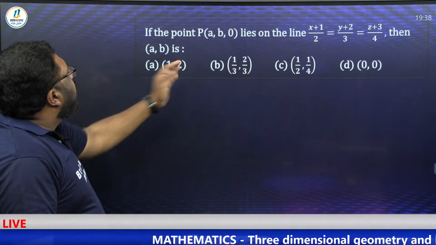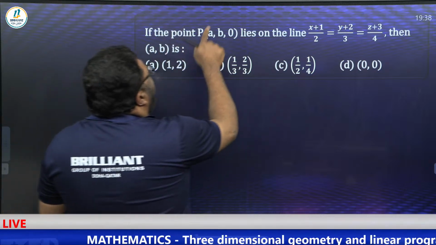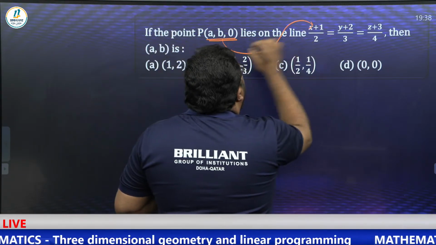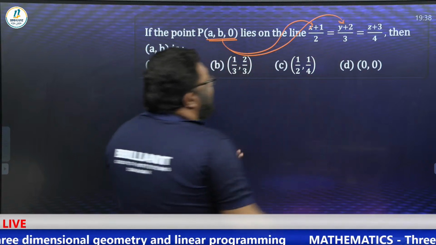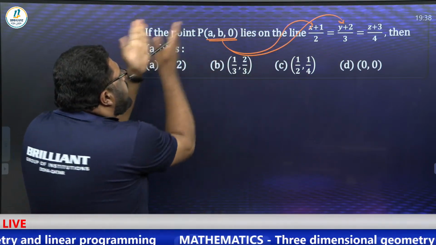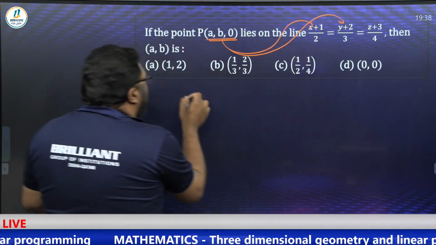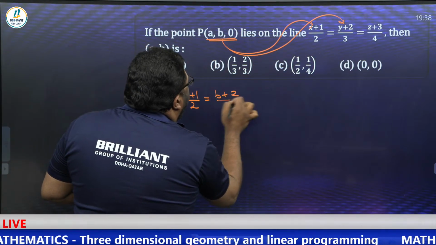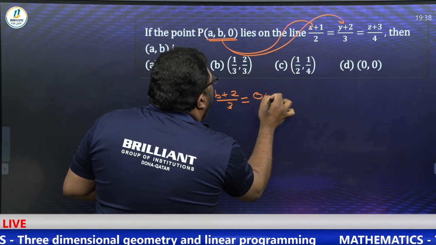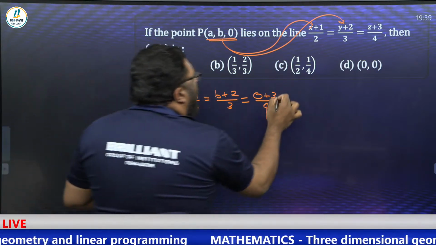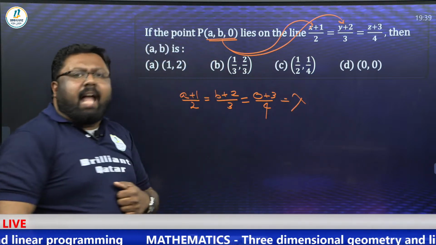Okay. Again, here, the point A comma B comma 0, this particular point lies on this line. Come on, a simple question. If this point lies on that line, I can substitute this point in that line. (A plus 1)/2, (B plus 2)/3, (0 plus 3)/4. And according to the logic of Cartesian form, all this is equal to an arbitrary constant called lambda.